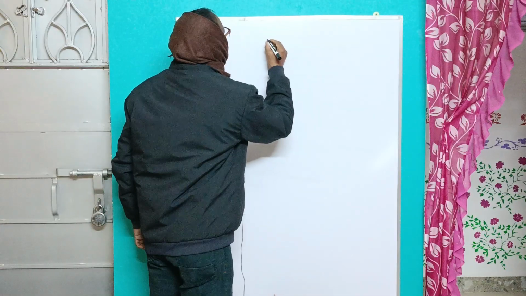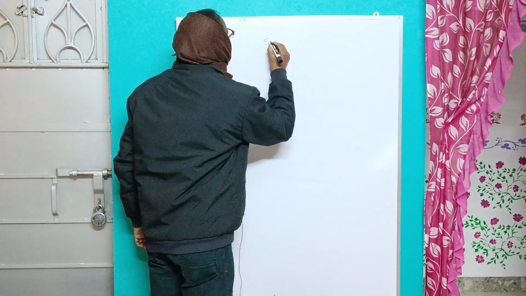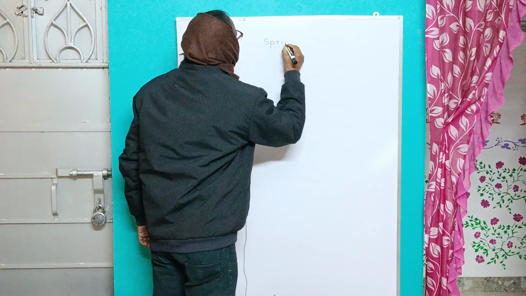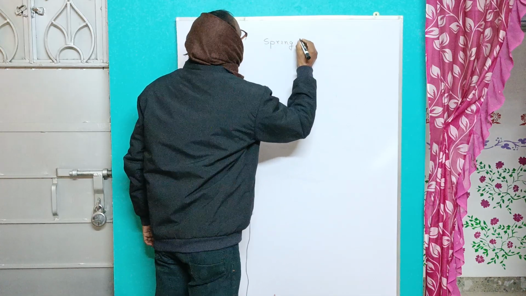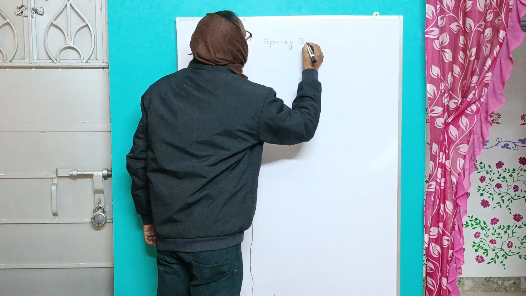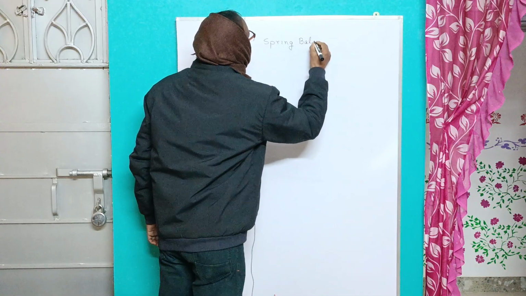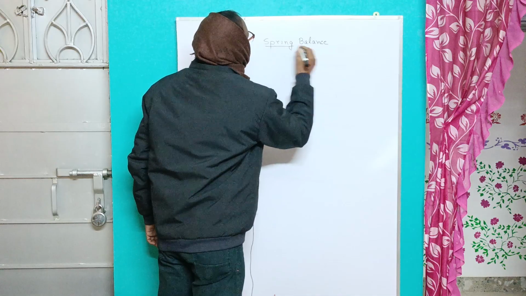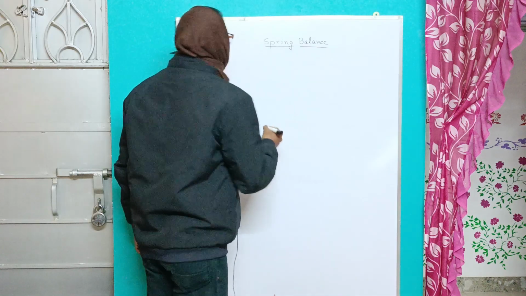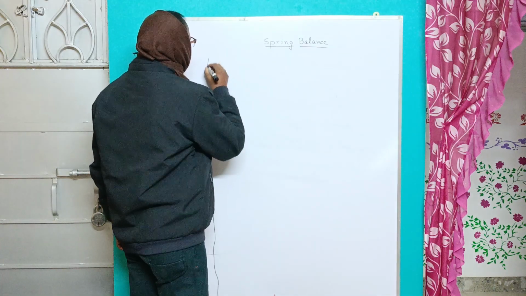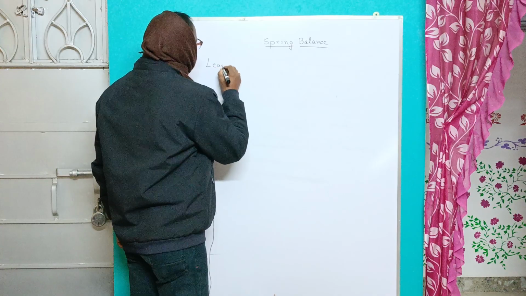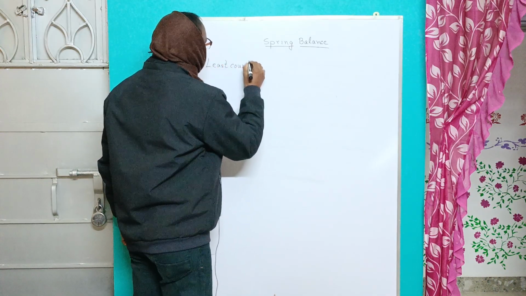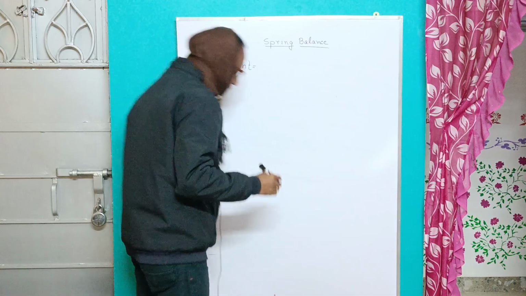this is our spring balance, and with the help of the spring balance we can measure the weight of an object. First of all, we will find the least count. How to find the least count?